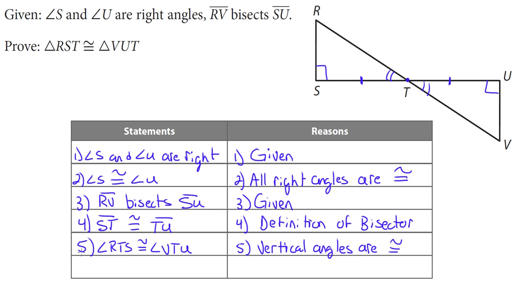And we can use that to prove that triangle RST is congruent to triangle VUT because of the angle-side-angle triangle congruence theorem.